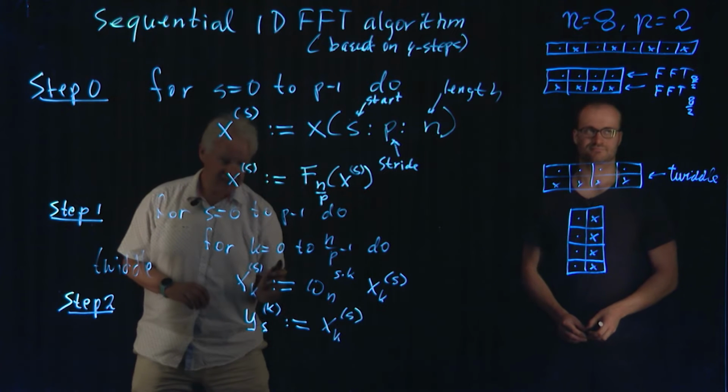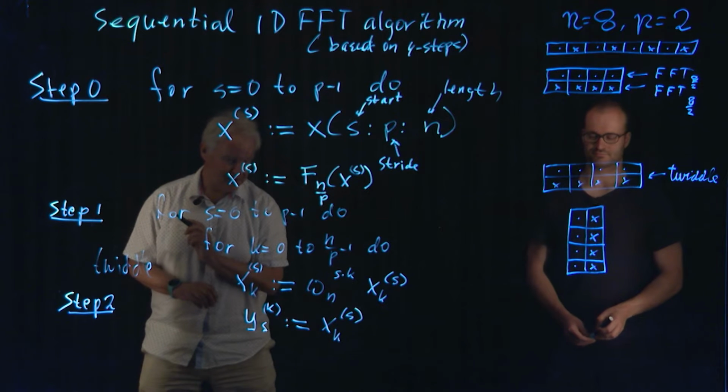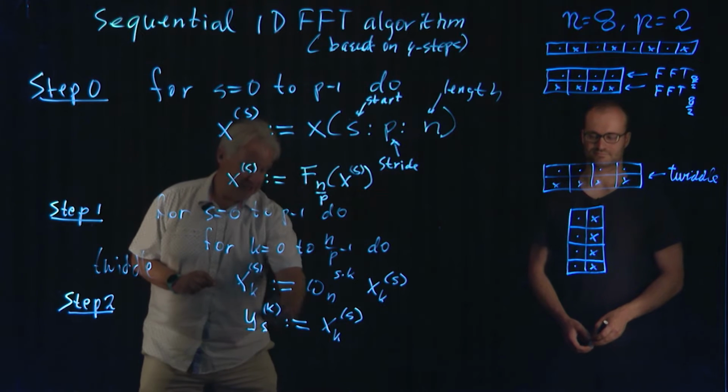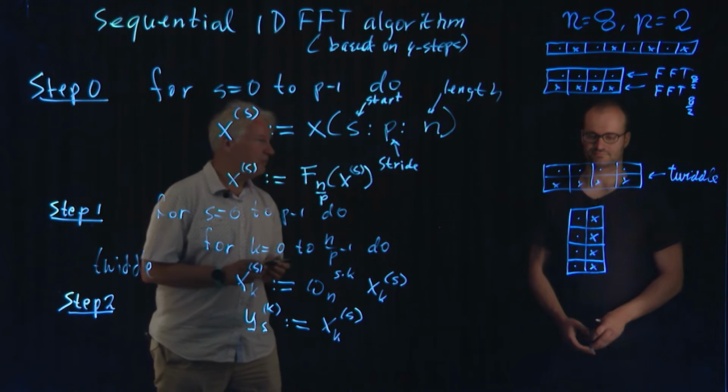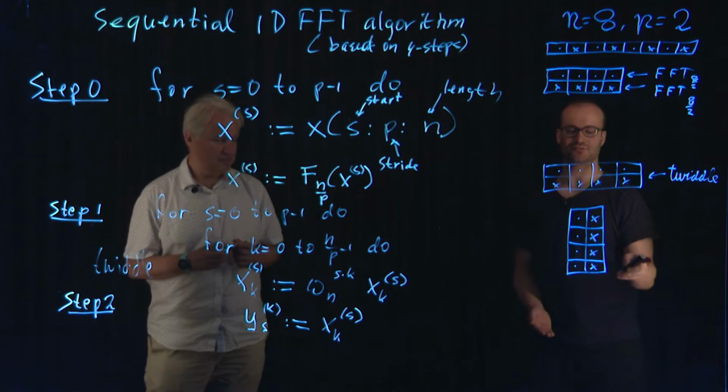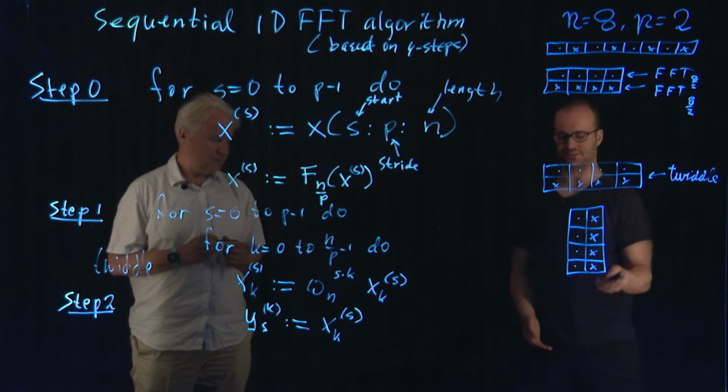So we take the x, transform it into a y, and that's the transposition. These two indices, they flip. We can also represent this as a two-dimensional matrix transpose, as you can see here.